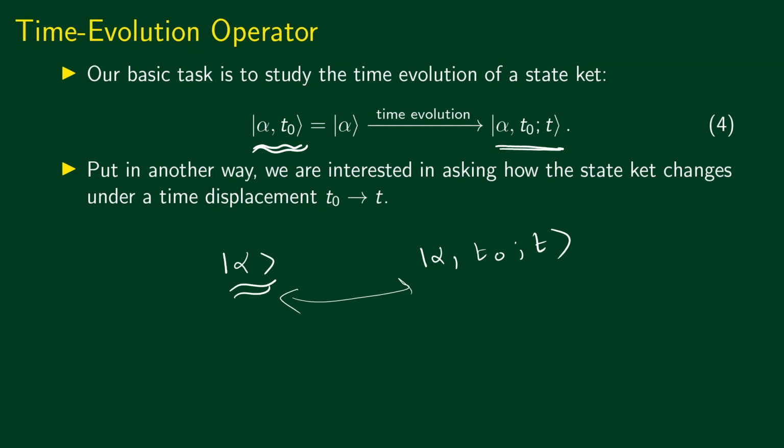Now we know that operators relate different states. So actually we are looking for an operator that relates the states |α⟩ and |α, t0; t⟩ at time t. What kind of operator relates these two states?